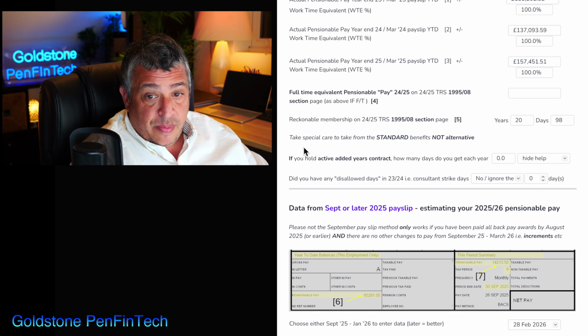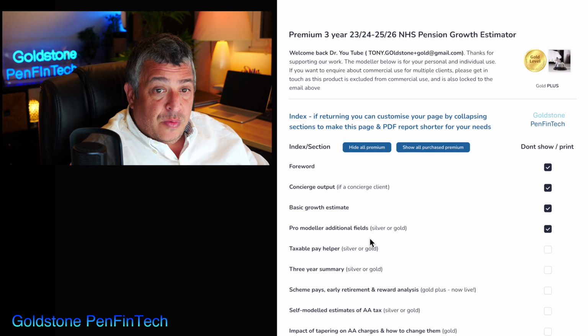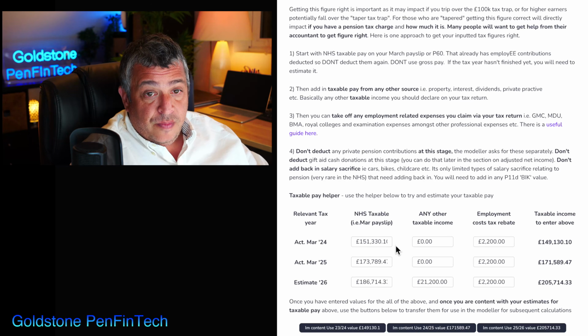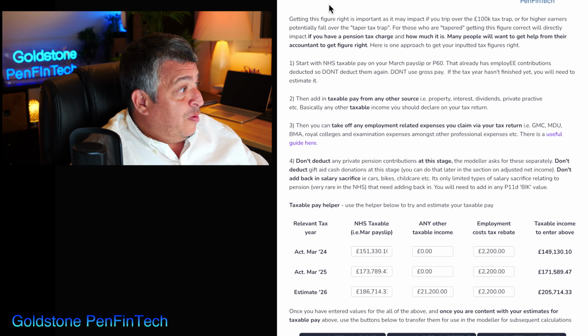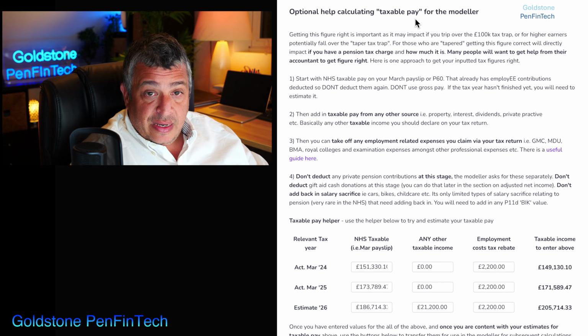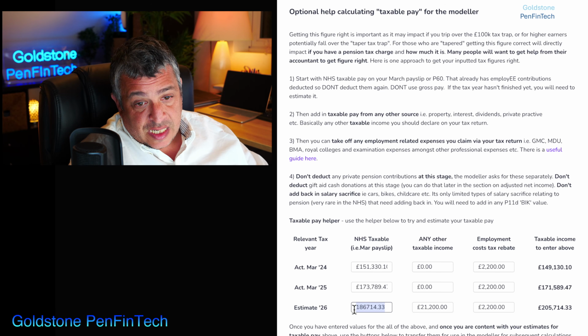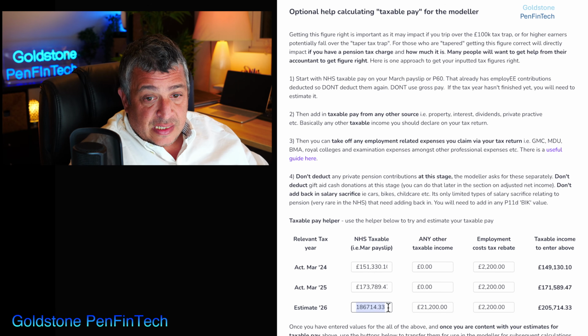So we're just going to go back to those two examples. We'll start off with the tapered example. So we've got this bit which is an optional helper for calculating taxable pay in the modeler, and you can see here that was the figure that we got from adding together those values of taxable pay to that 186,714.